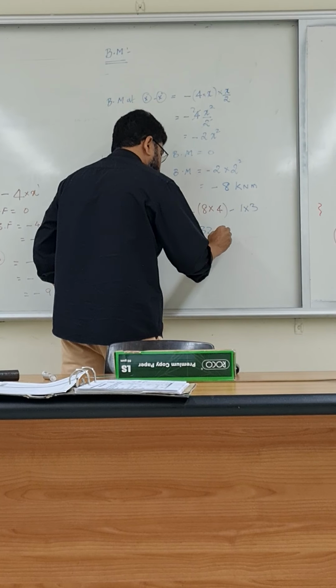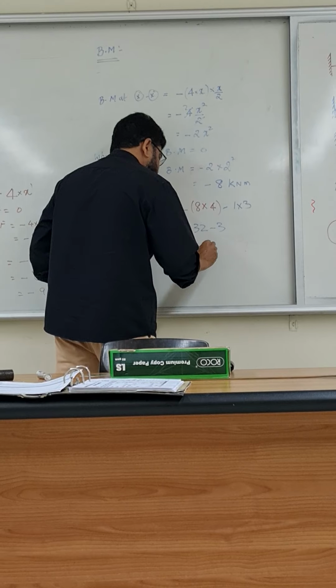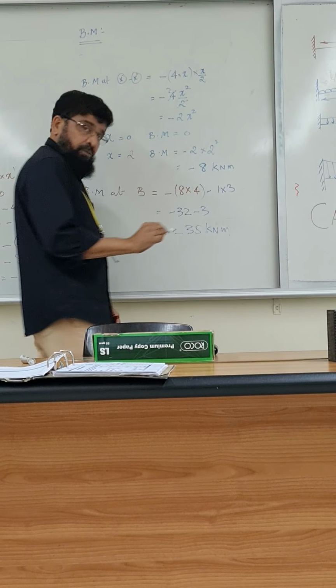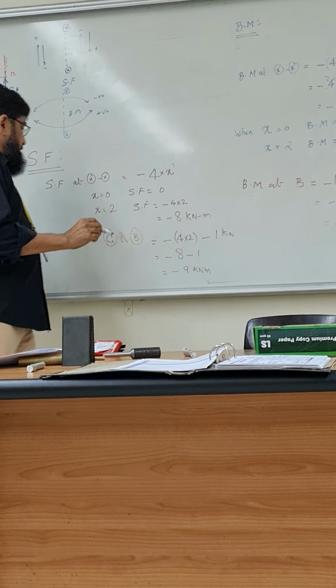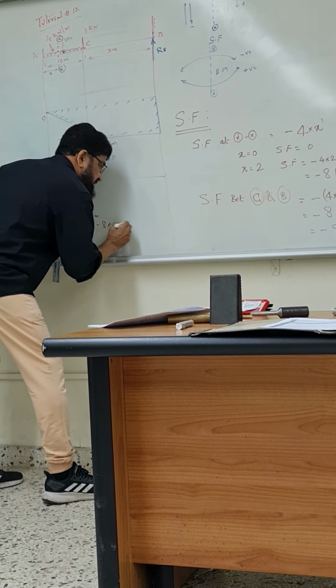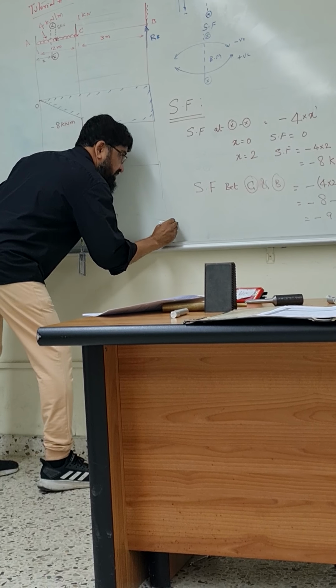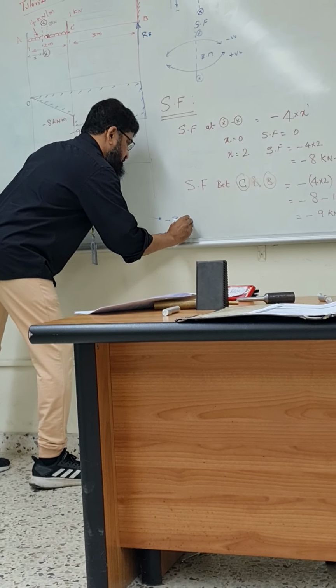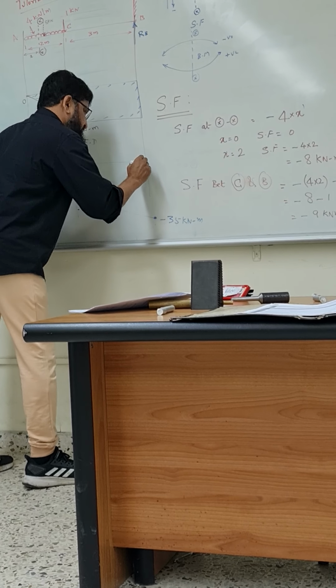Minus 32 minus 3. This becomes minus 35 kilonewton meter. Okay. Kilonewton meter. Minus 35. Somewhere over here I will draw a straight line like this. Wherever it is cutting, I will write minus 35 kilonewton meter. Okay.